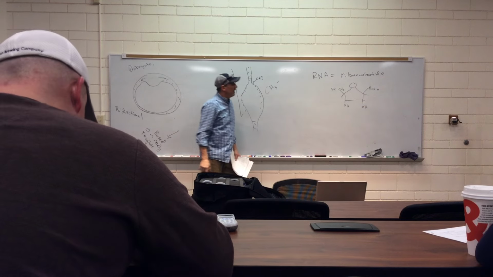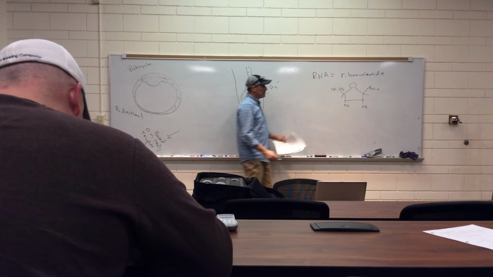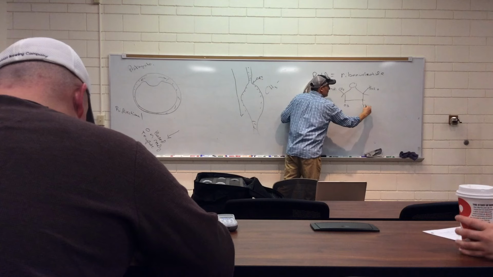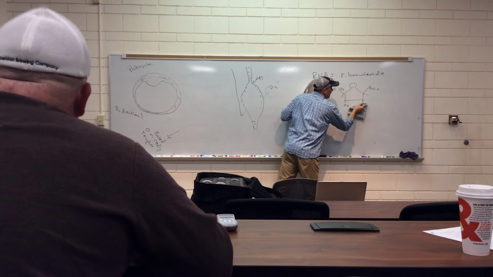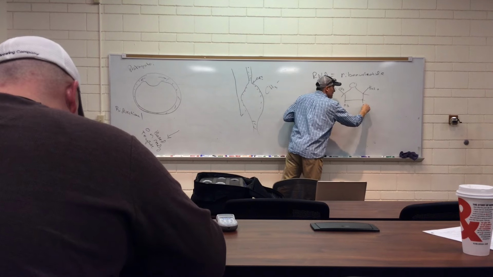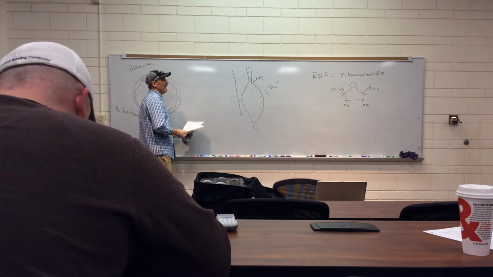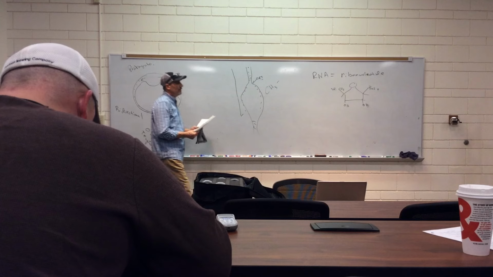On that 2' hydroxy, we have an extra oxygen group here. So for DNA, this is only a hydrogen. For RNA, it's a hydroxy. It's an OH group. That's the only difference between the actual ribose backbone.